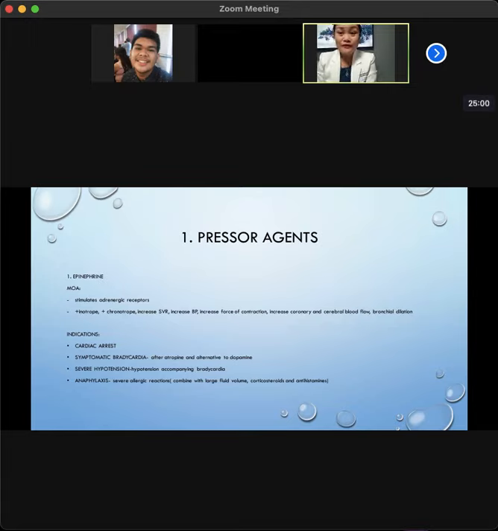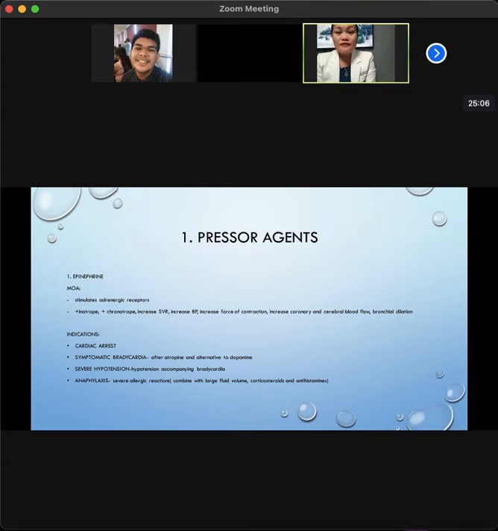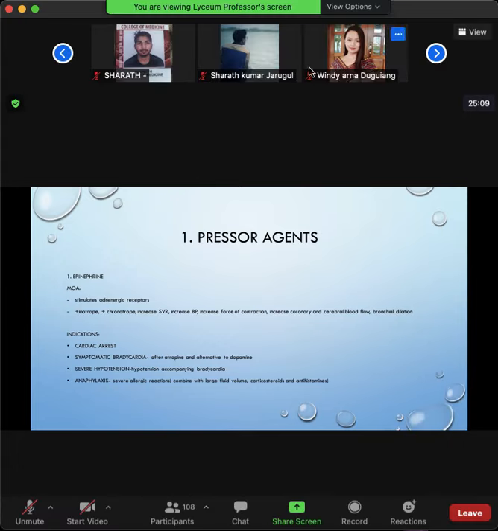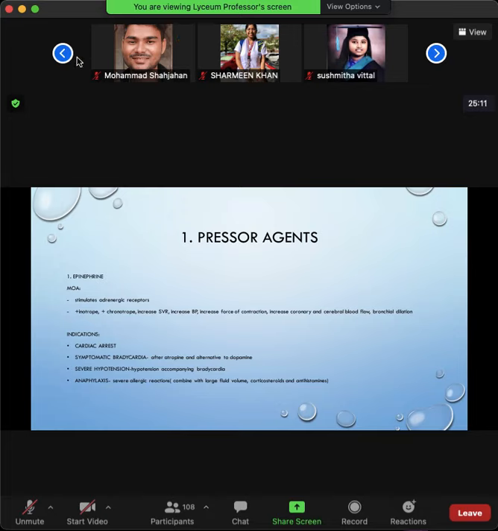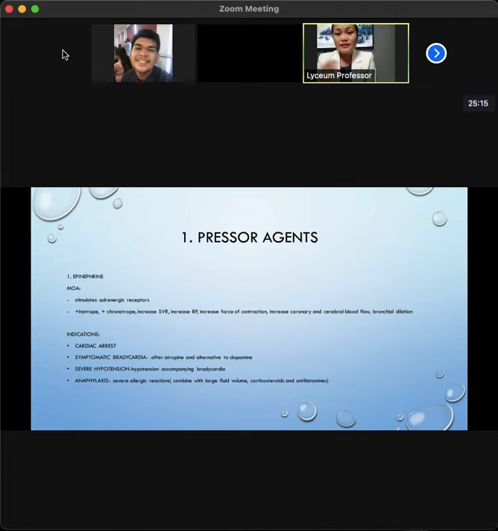Epinephrine, the MOA of epinephrine: it stimulates adrenergic receptors. It causes positive inotrope, positive chronotrope, and increases the systemic vascular resistance, hence increasing the BP. It also increases the force of contraction, and your coronary and cerebral blood flow.